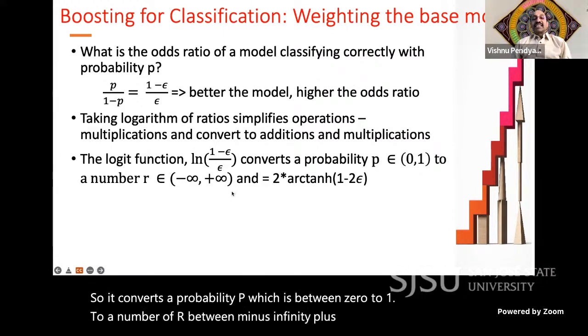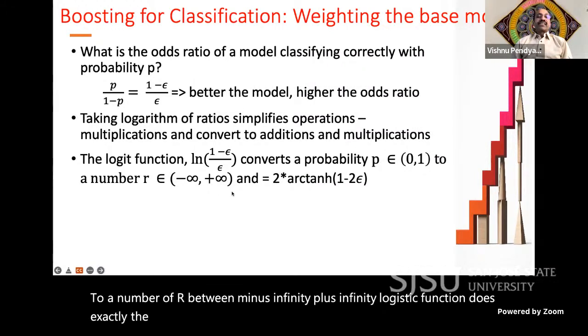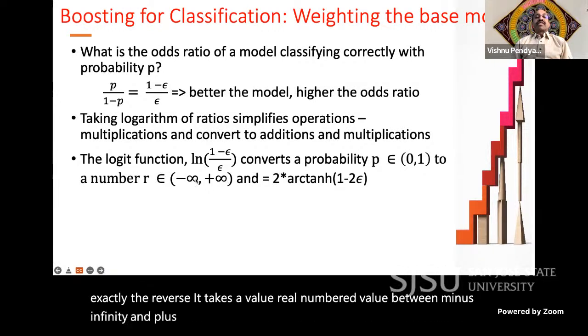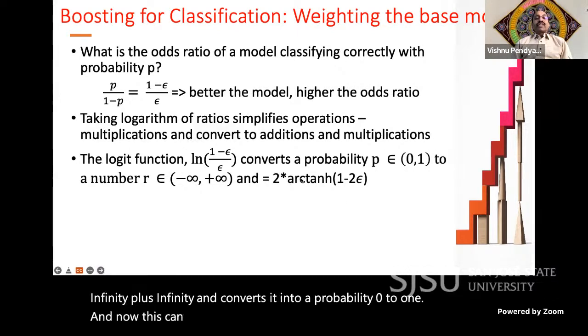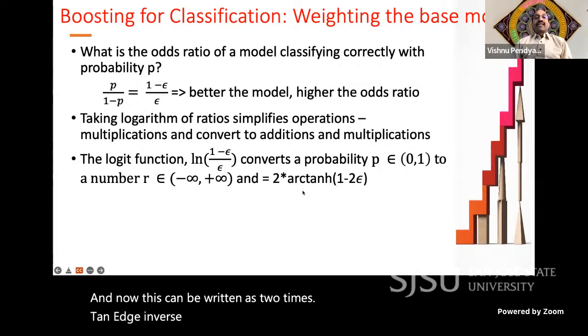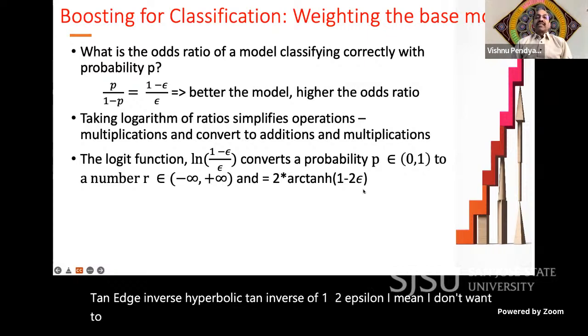The logistic function does exactly the reverse. It takes a real-numbered value between minus infinity and plus infinity, and converts it into a probability between 0 and 1. And now this can be written as 2 times tanh inverse, hyperbolic tan inverse, of 1 minus 2 epsilon. I don't want to go into the derivation, but you can check.